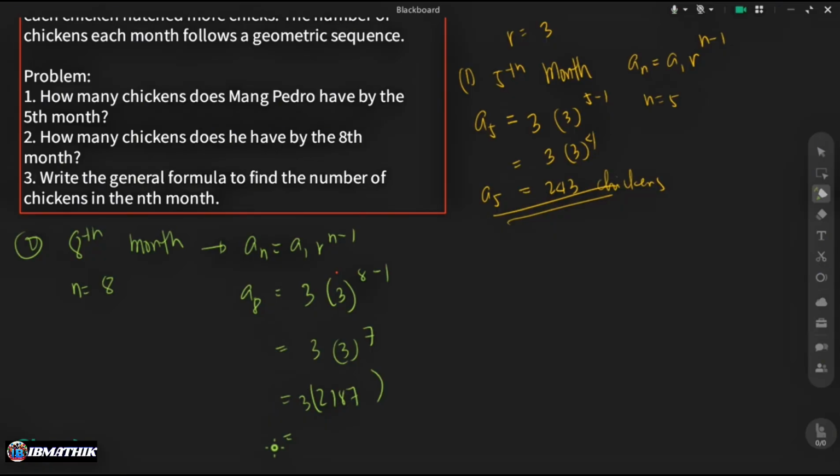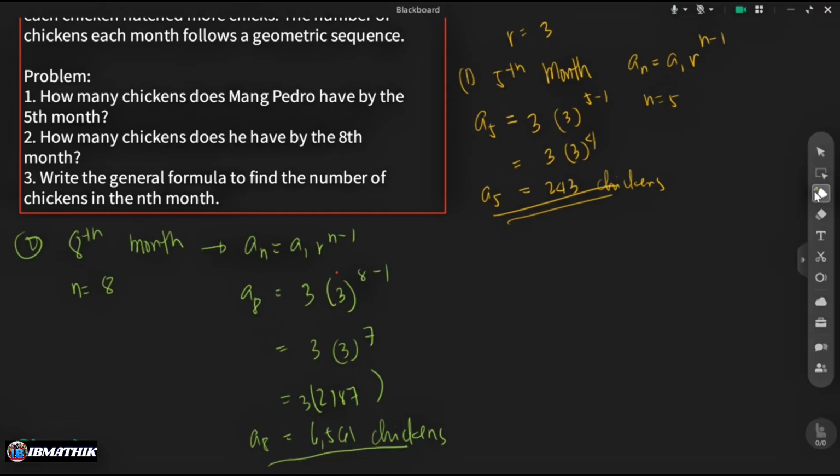We have 6,561 chickens. That is for number 2.